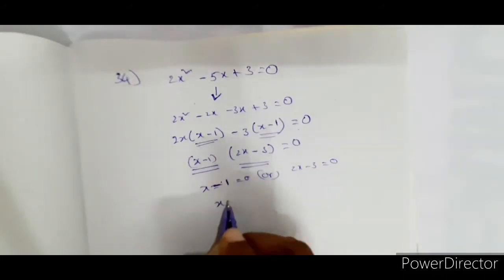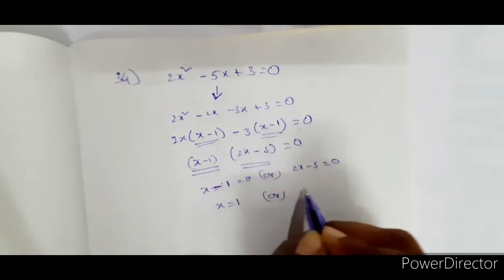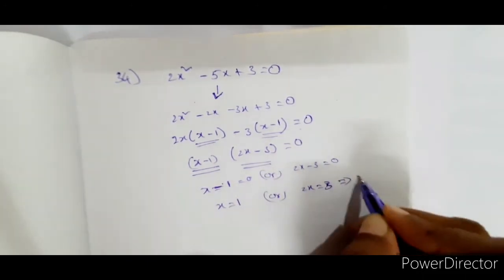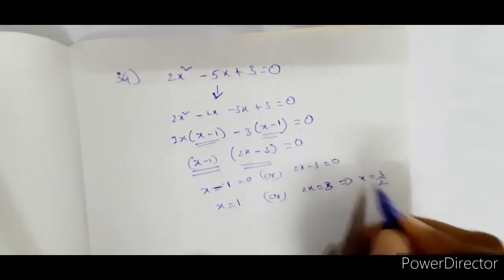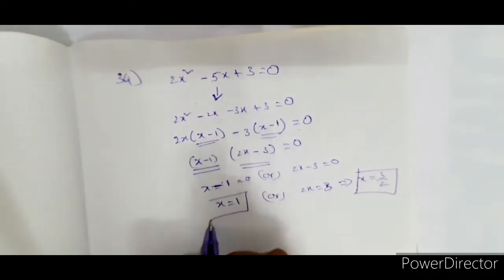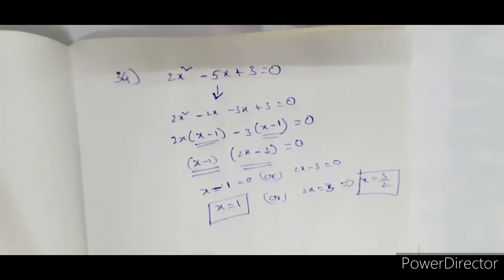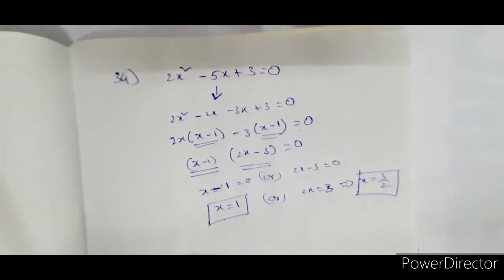That means x is equal to 1 or 2x is equal to 3, which implies x is equal to 3 by 2. So you got two values, right? So we've found two roots for this one, x is equal to 1 or x is equal to 3 by 2. Okay.